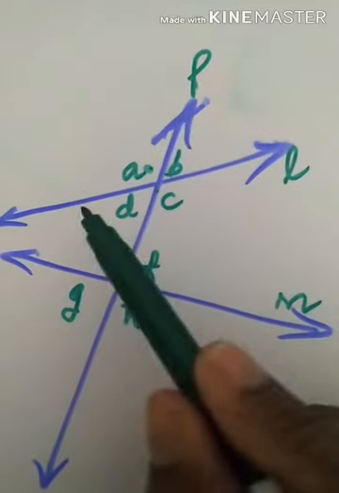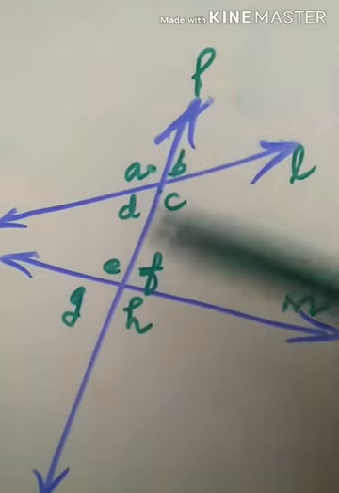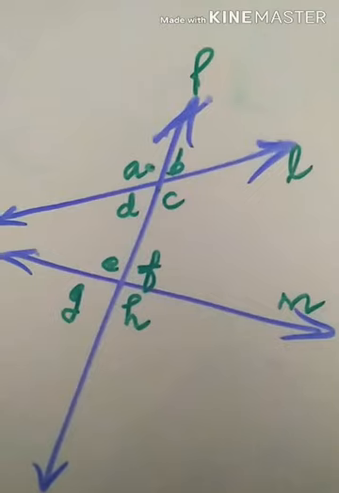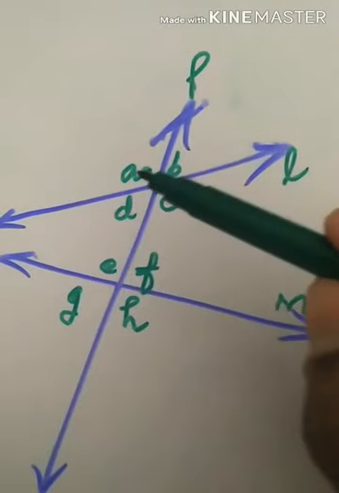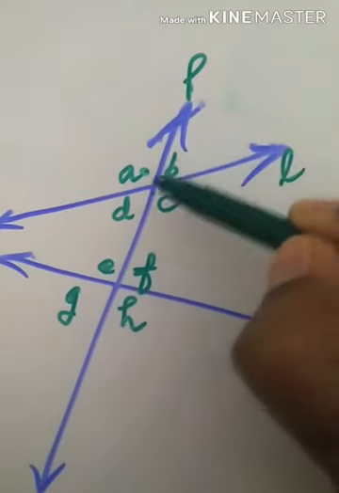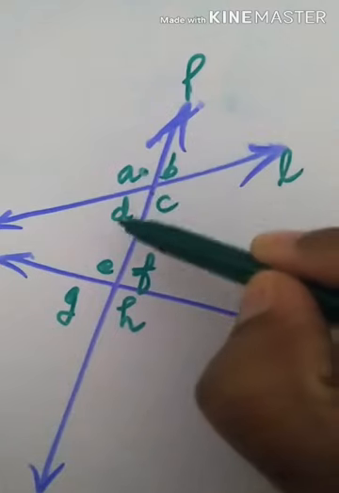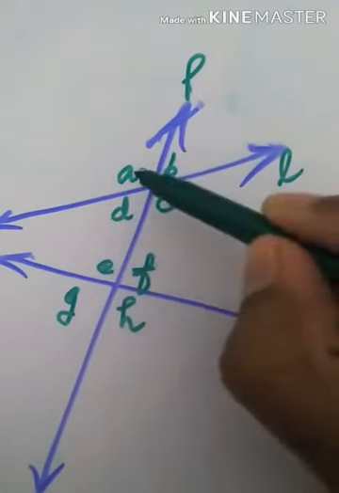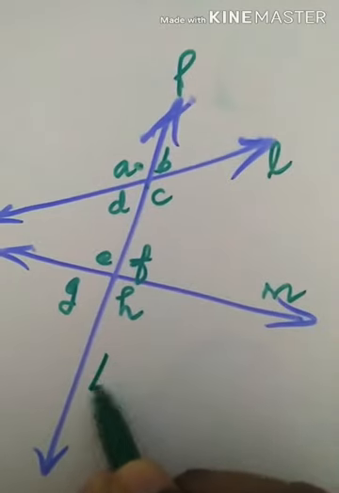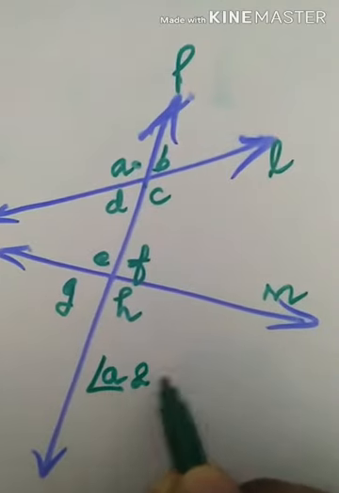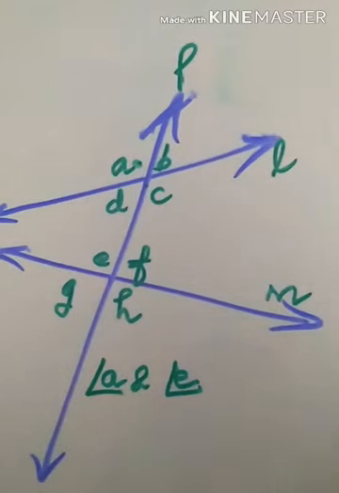Here we have two lines and one transversal. Let us talk about corresponding angles once again. That is angle A and angle E. First and third. Angle A and its pair is angle E.